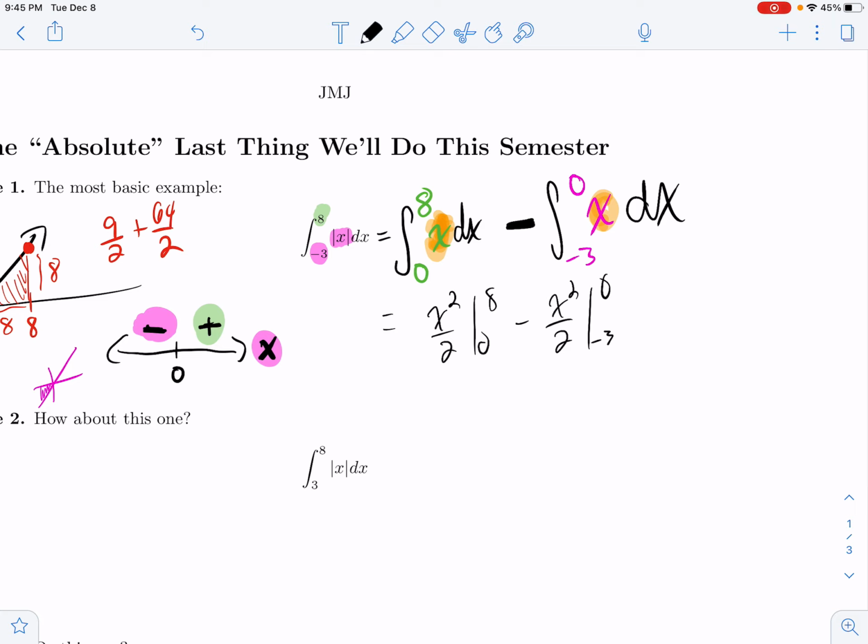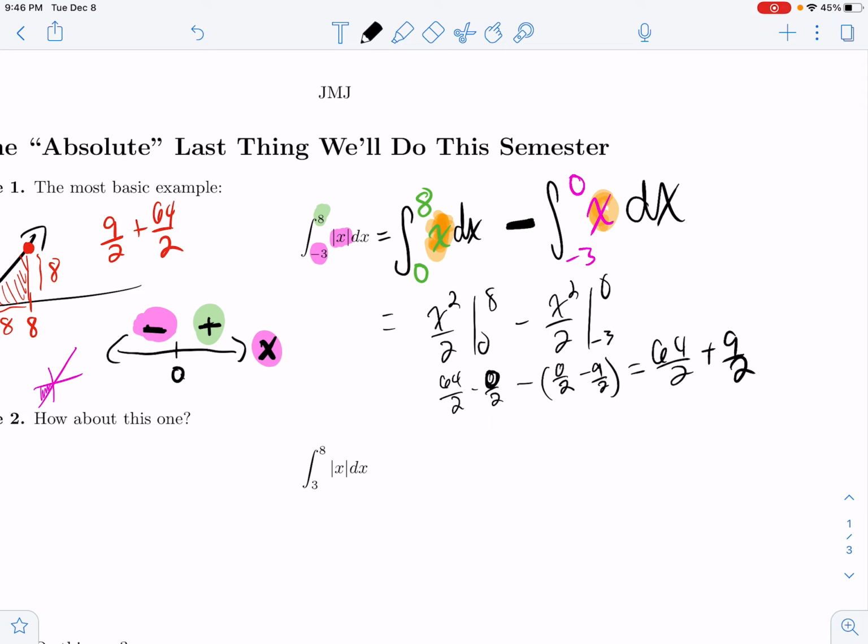Right, so we do this. This guy on the left is 64/2 minus 0/2, minus 0/2 minus 9/2, which is 64/2 plus 9/2, just like we wanted from before.